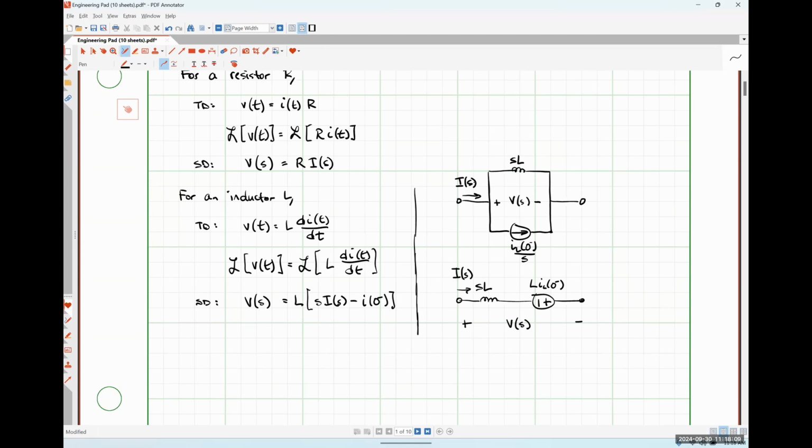Similarly, IL at 0 minus over S would be a current of 0, or an open circuit, which means all we'd have is our impedance SL. So these match what we are expecting, so we should get effectively just the complete steady state response out of these things if we don't have any stored energy messing anything up. Okay. So any questions about these inductor models before we move on to capacitor? All right.